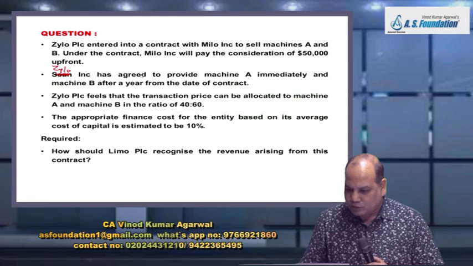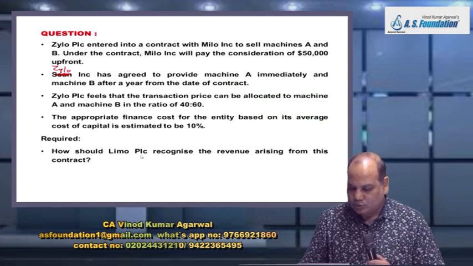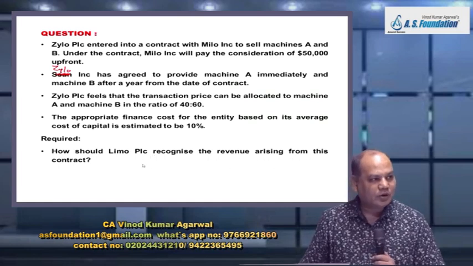Now in this problem, when are the machines to be delivered? Machine A immediately and machine B after 1 year. Cost of capital is 10%. How should Xylo recognize the revenue arising from this contract?